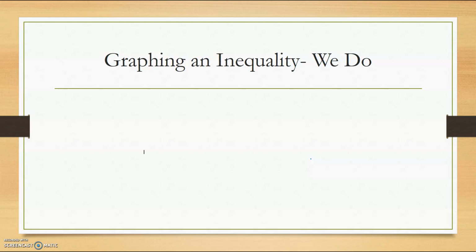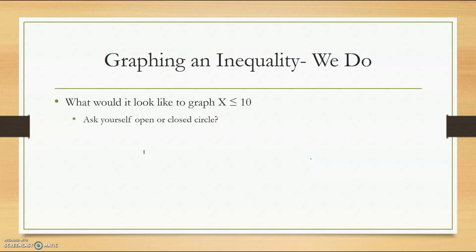All right, so now we're going to try this one together. What would it look like to graph x is less than or equal to 10? So ask yourself, open or closed. So let me go ahead and annotate this. Since we have a bar, that means it is less than or equal to 10. That means I would have a closed circle, and it says what direction would the arrow point?